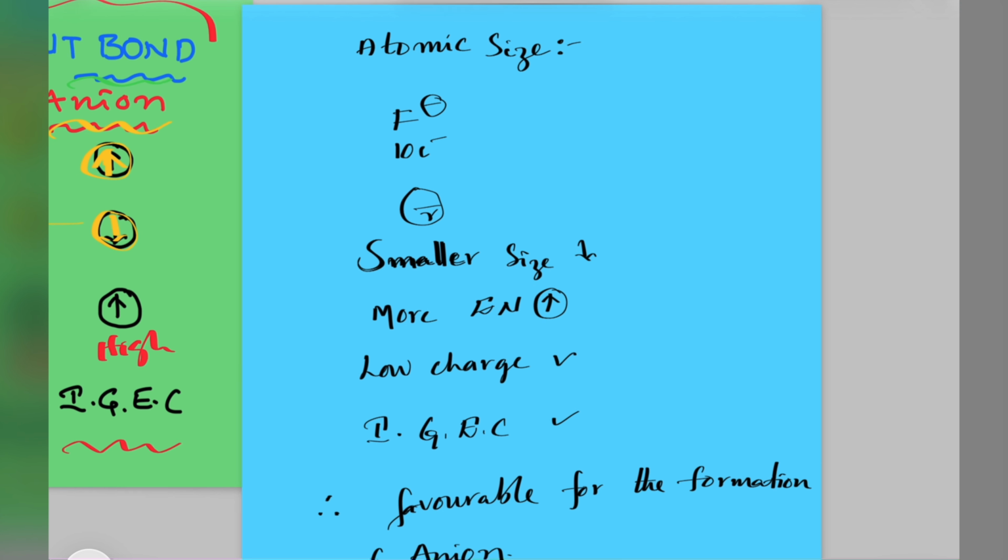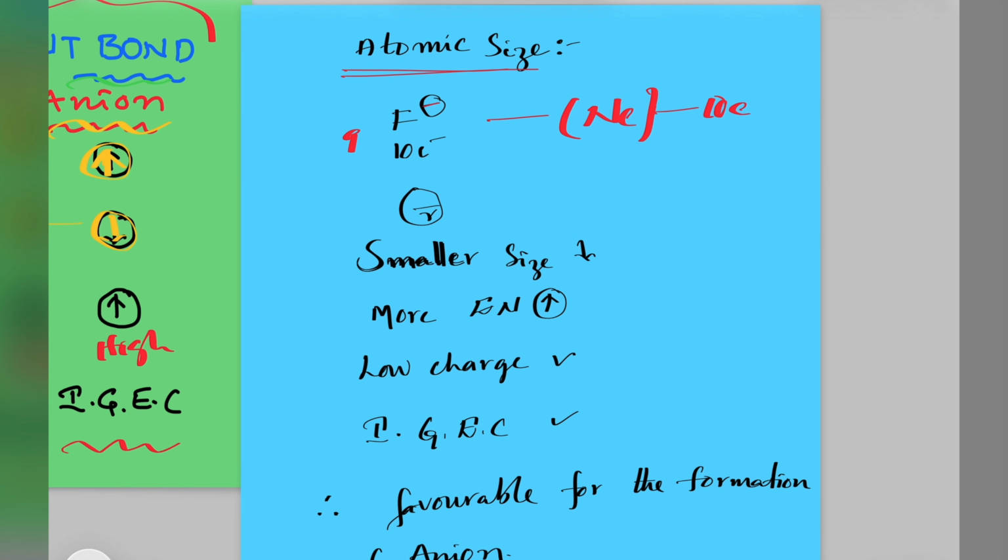See this anion, the atomic size of anion. This is fluorine, atomic number 9. Addition of one electron, it becomes 10. That is also equal to the neon electronic configuration, that is 10 electrons. Now the radius of this one compared to this: 9 protons versus 11 protons. So 9 protons means the radius is smaller.